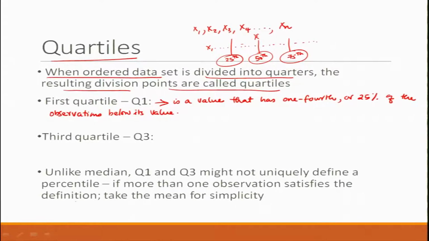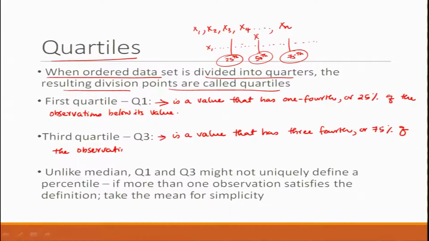Similarly, Q3 is a value that has 3/4, or 75%, of the observations below its value.